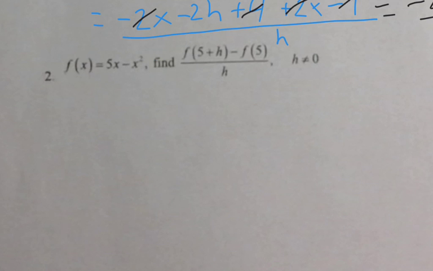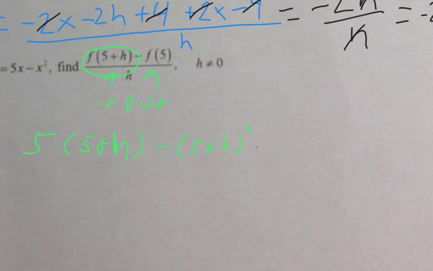So if we look at this particular problem, we have two inputs, one here and one here. These are both inputs. So we're going to start with this one and substitute in, so it'll look like this: 5 times 5 plus h, minus 5 plus h squared.